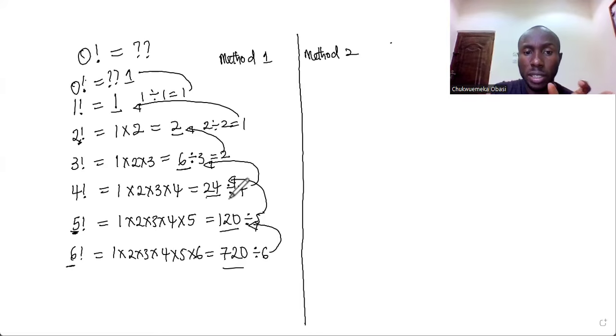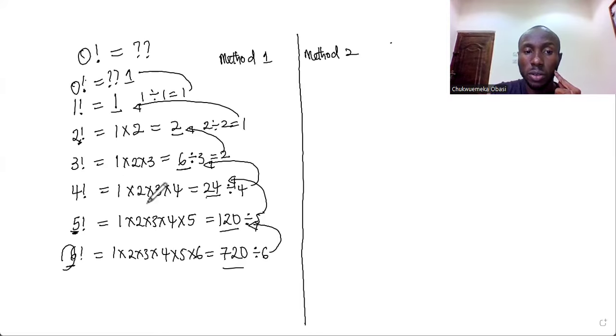Let me go over it again. We have 6 factorial, that is 720. So for us to get 5 factorial, we divide 720 by 6, and it gives us 120. So when we divide the result by its number, we get the previous result.